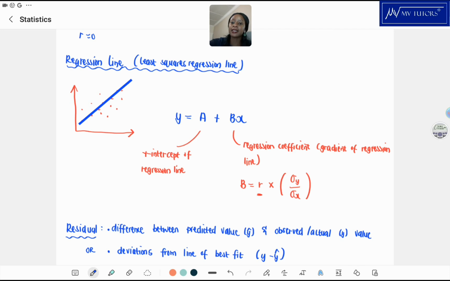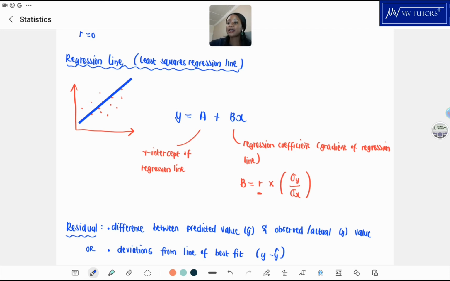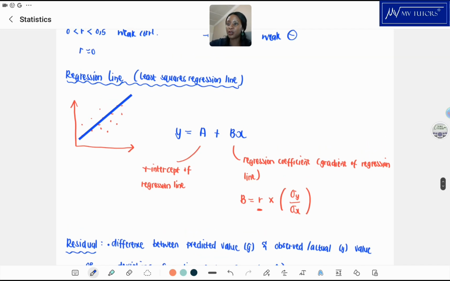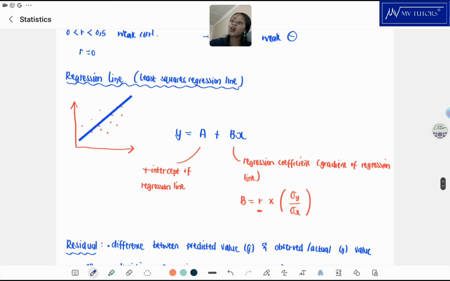And that is the line. And then, so if we say the predicted value, okay, so the values that are on this line of best fit, that would be represented by that Y with the cap over there. Okay, and then the observed or the actual values, these are your observed values, your actual values.